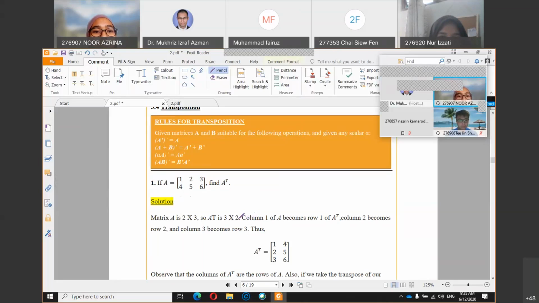For this question, the question wants us to find the AT, right? The question already gave the matrix A with two rows and three columns. So we can also find it with three rows and two columns.